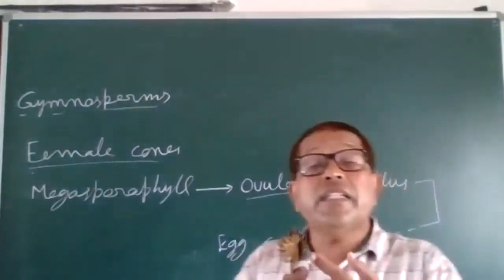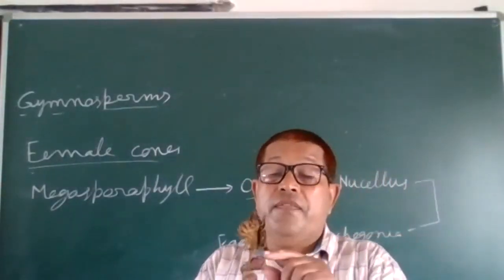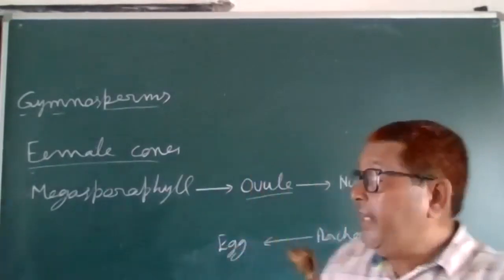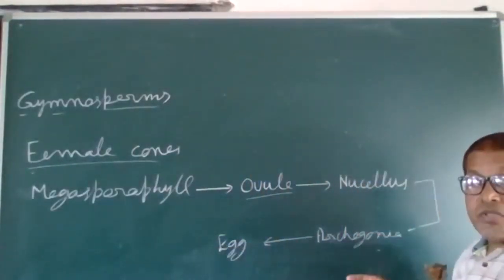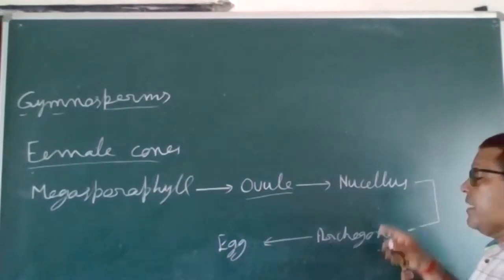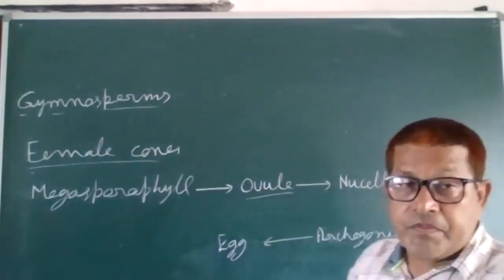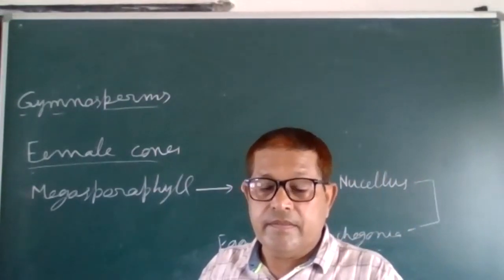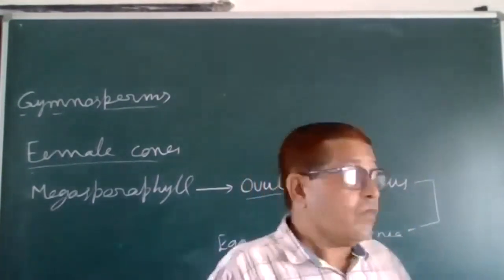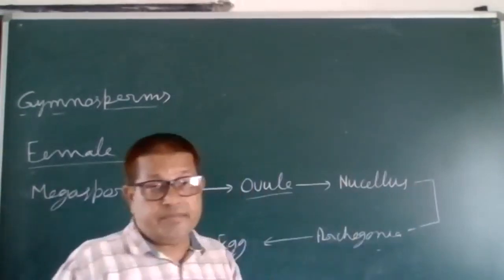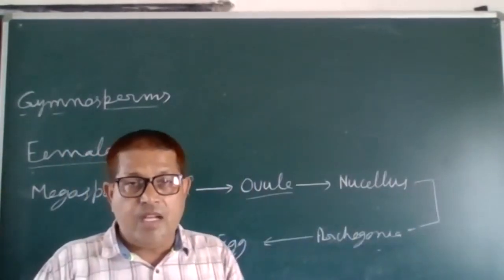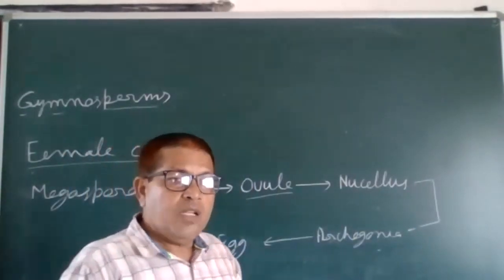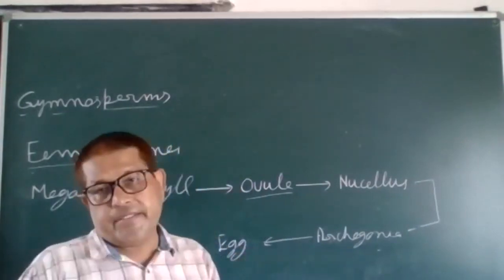If we cut the VS of the ovule, we can observe the nucellus, and inside the nucellus there are archegonia. Archegonia have the egg.